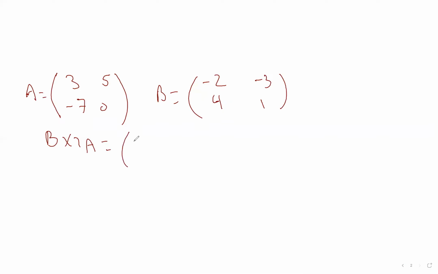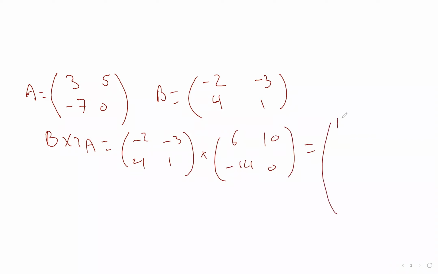It will be negative 2 negative 3 4 and 1 times 2A which is 6 and 10 negative 14 and 0. Okay, and the multiplication will be negative 2 times 6 is negative 12 plus 42, 3 times 14, negative 2 times 10 is negative 20 plus 0.